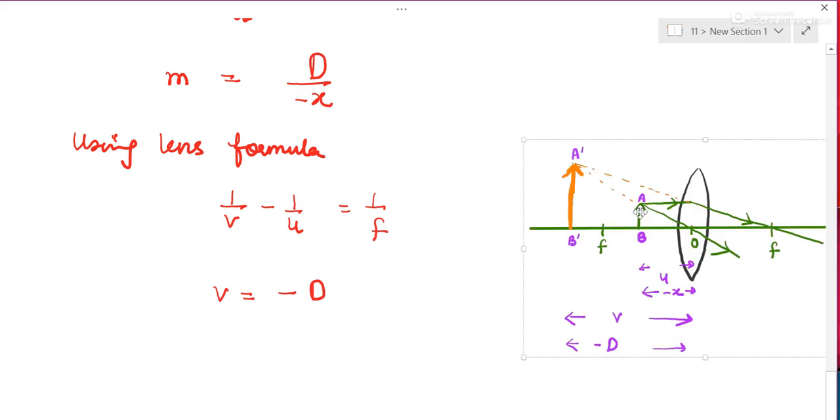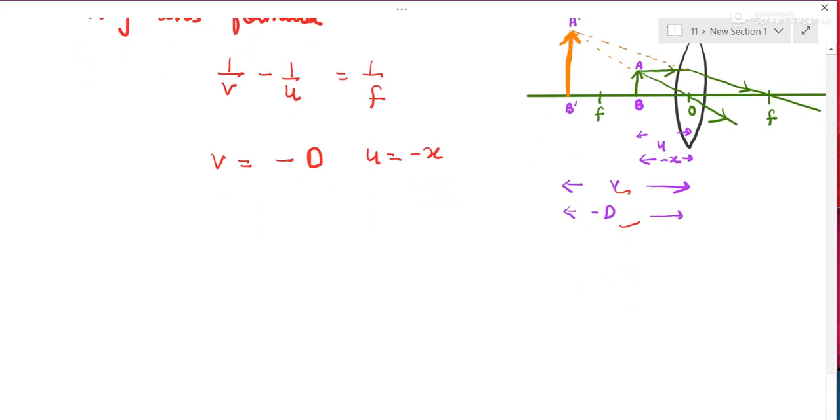Using the lens formula, I have 1 by V minus 1 by U is equal to 1 by F. V, the image, is formed at least distance and in front of the lens. You know from the diagram. Yes, value of V is minus D. It is in front of the lens. Value of U is minus X. Let us substitute. So we have 1 by minus D minus 1 by minus X is equal to 1 by F.